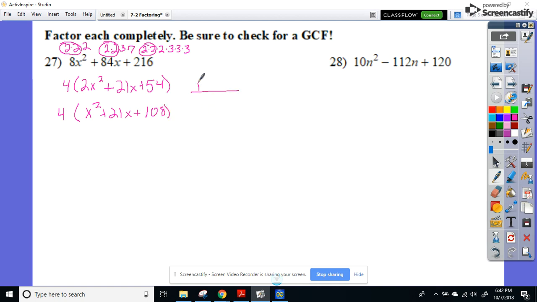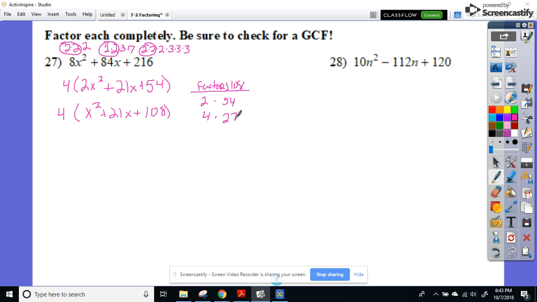So I need factors of 108 that are going to combine together to give me 21. 108 divided by 2, that's 2 times 54. That doesn't give me 21. Let's see, 4 times 27.